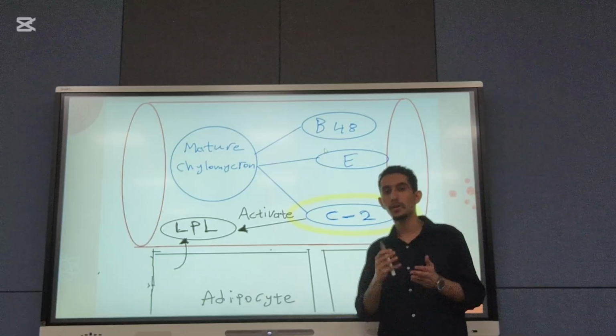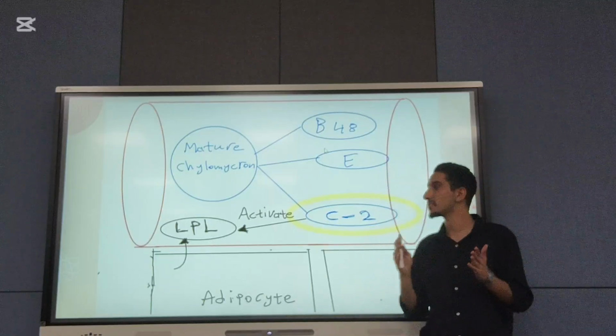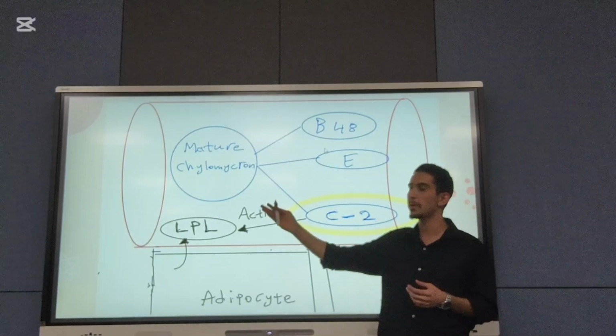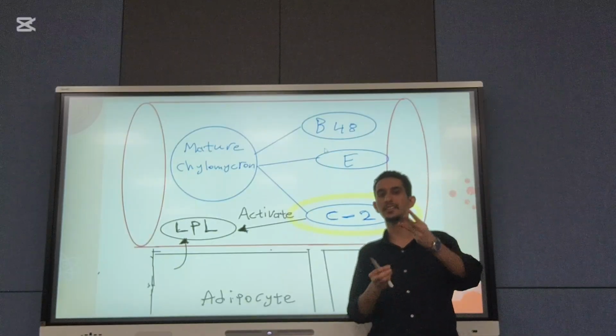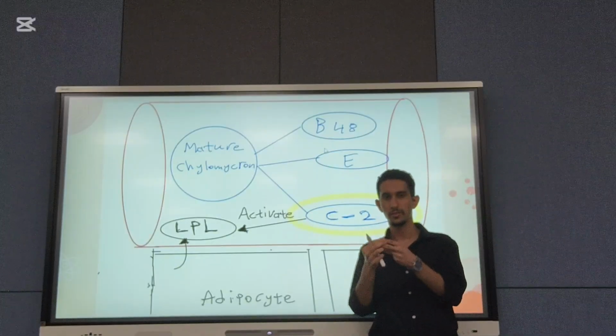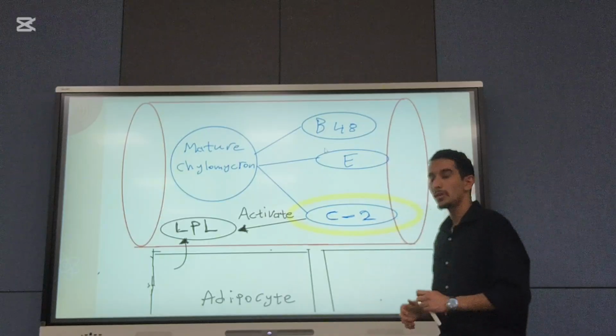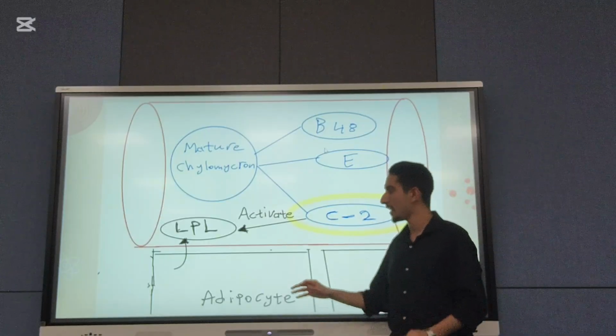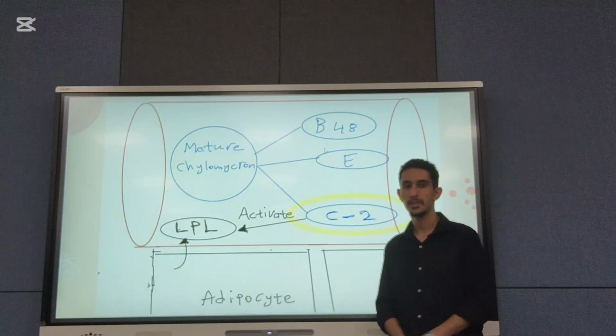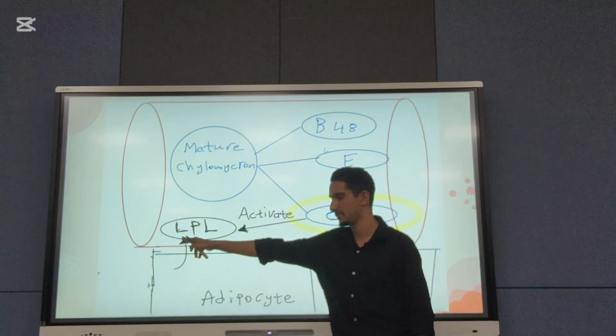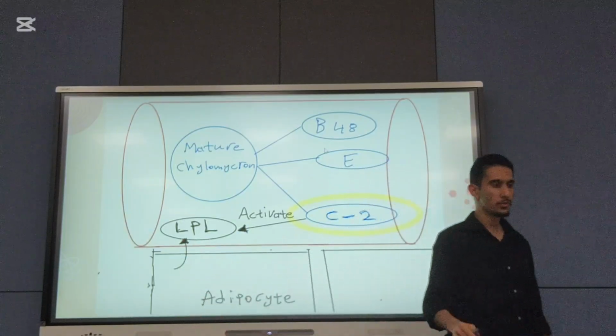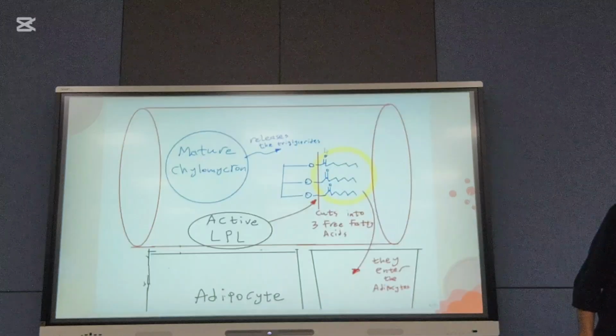We need to break down this triglyceride in the chylomicron into 3 fatty acids, which are small structures. What will do this job? Something called lipoprotein lipase. I'll go to the next slide in order to explain it.